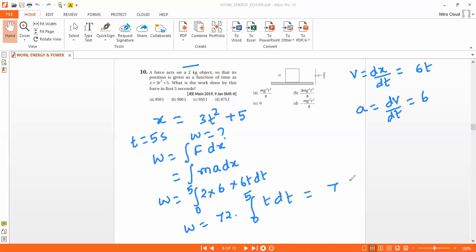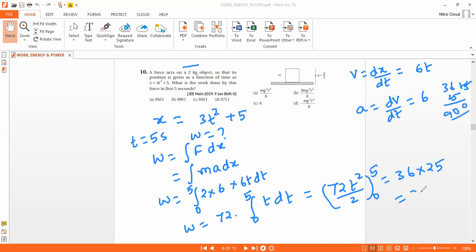That is nothing but 72 t square by 2 between the values 0 to 5. That is 36 into 25, which is 900 joule. Option B.